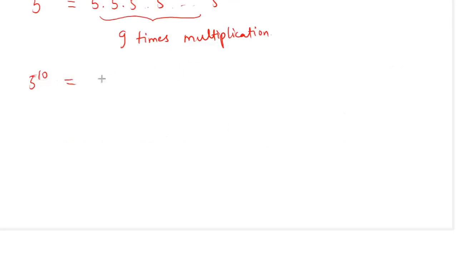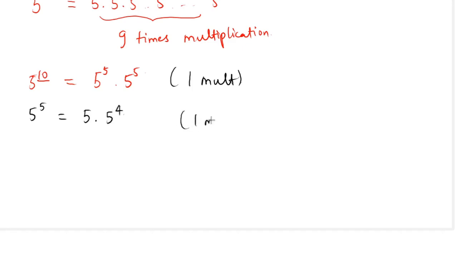So 5 to the power 10, and 10 is an even number, so this can be represented like 5 raised to 5 times 5 raised to 5. Here one multiplication will take place. Then 5 raised to 5 can be computed like 5 times 5 raised to 4. Here one multiplication will take place. Then 5 power 4 can be computed like 5 power 2 times 5 power 2.